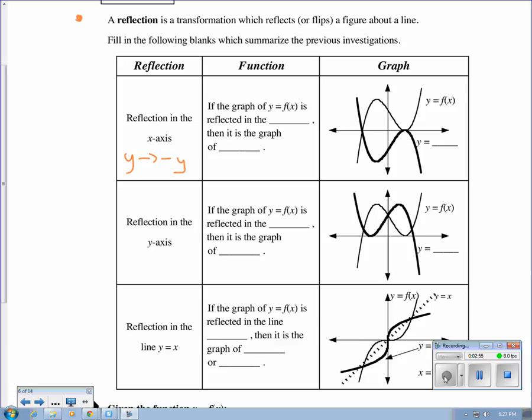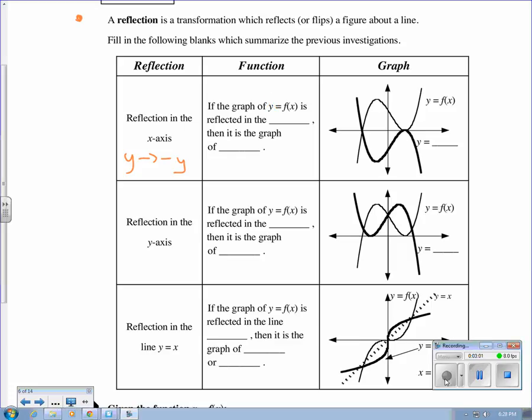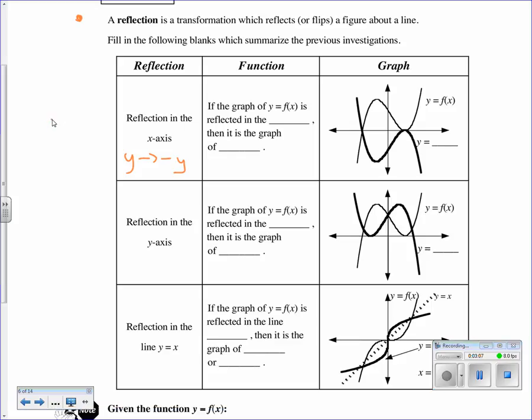reflecting in the x-axis. My orientation is still not nice, but this is a reflection in the x-axis, so that's the first blank. Then it is a graph of y equals minus f at x. If I reflect it in the y-axis, then my x is becoming minus x.